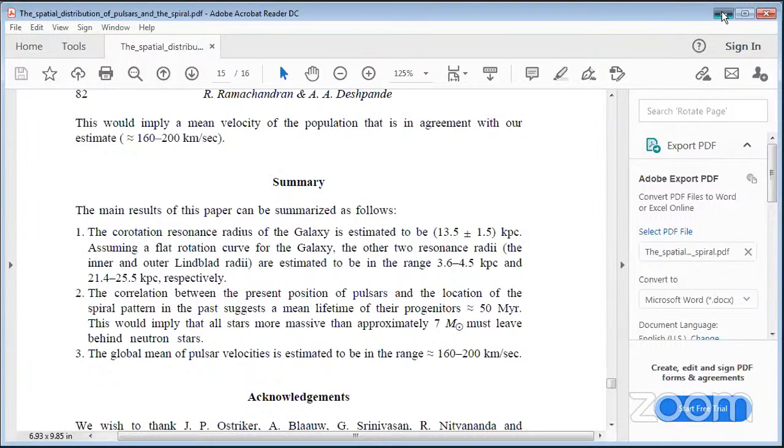So they have first data release, second data release, and you should be able to download these data and play with it.